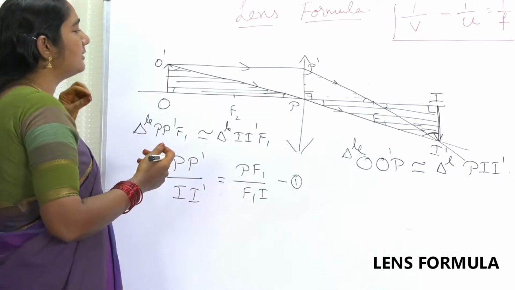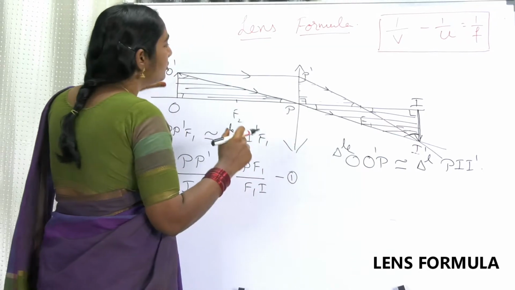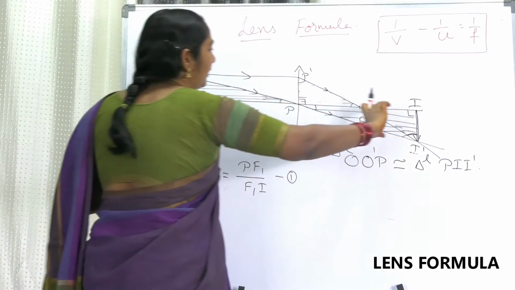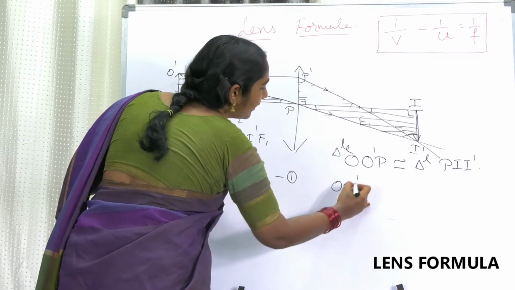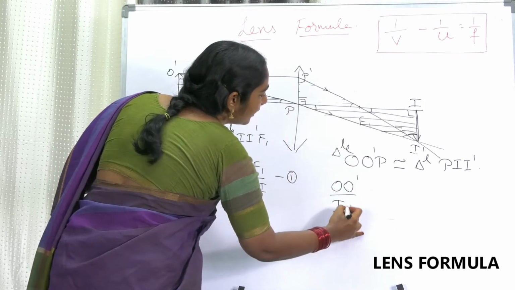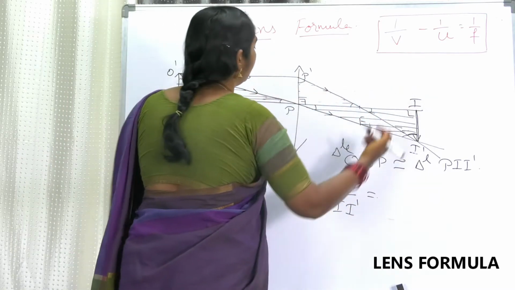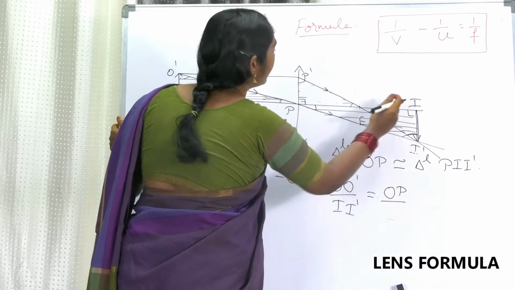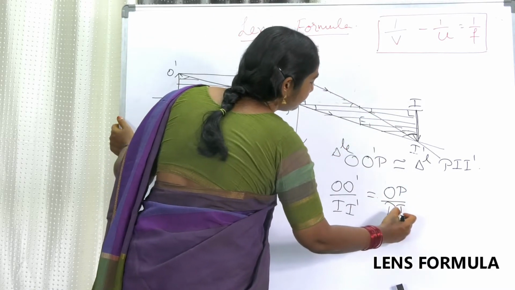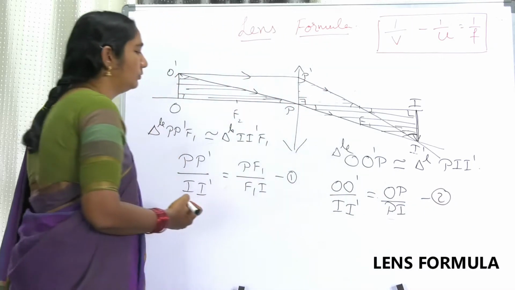When the triangles are similar, the ratios of corresponding sides are equal. So O dash by I dash is equal to this side by this side, that is OP by PI. Now this is equation number 2.